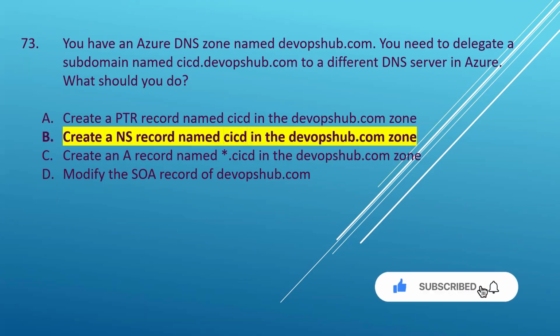The NS record or name server record specifies the authoritative DNS server responsible for resolving the subdomain cicd.devopshub.com. By creating this NS record, you are delegating the resolution of the subdomain to a different DNS server.